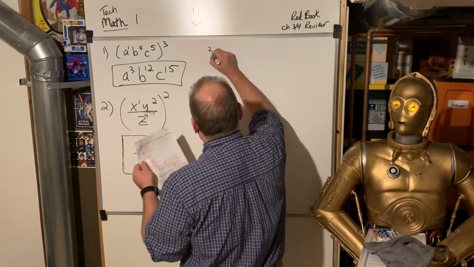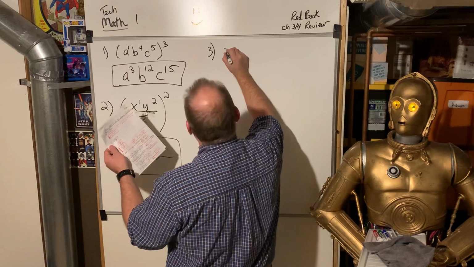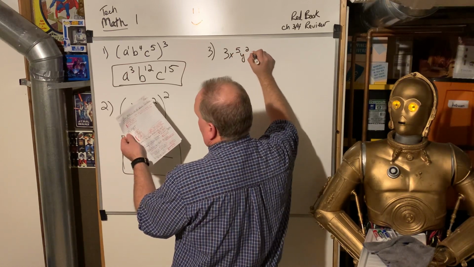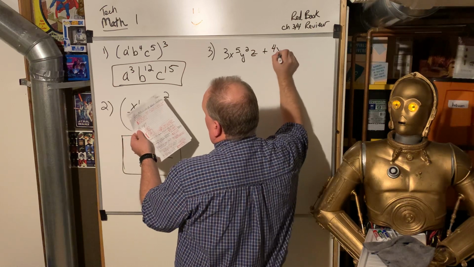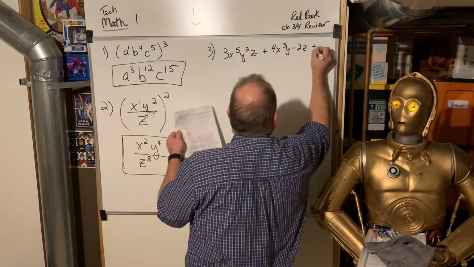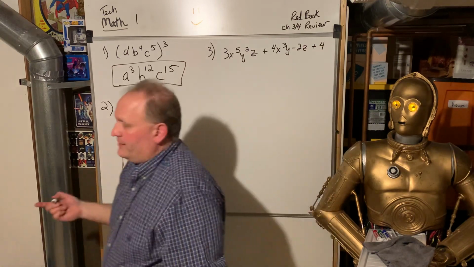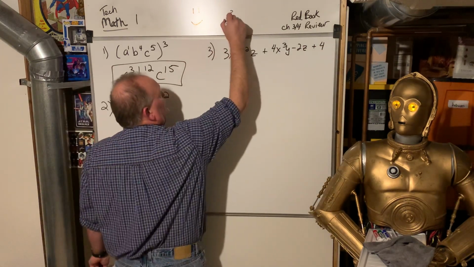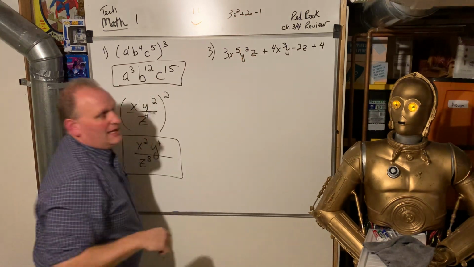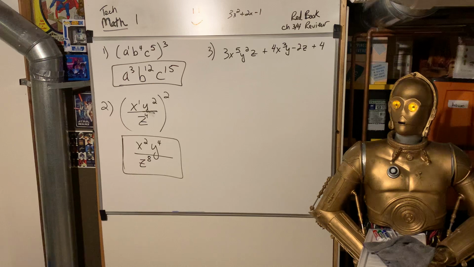Number 3, I'm not wild about this one, but it is on the test, so I will show you how to do it. Normally when we talk about degrees, we're working with a single variable. So if I have something like 3x squared plus 2x minus 1, that trinomial, that's a second degree trinomial.